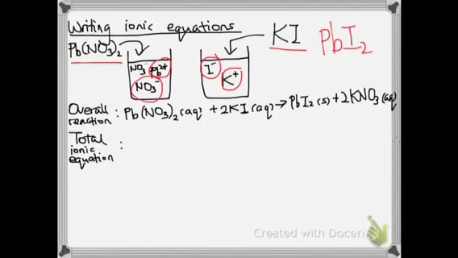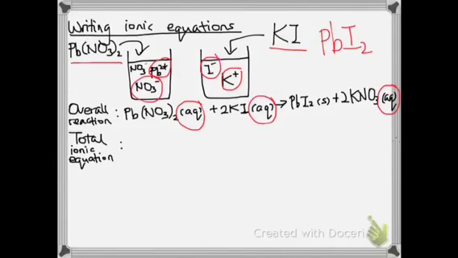In this case, we see that lead-2 nitrate is aqueous, potassium iodide is aqueous, and potassium nitrate is aqueous. Now, for these aqueous compounds, as you have seen in the diagrams above, they split into their corresponding ions. And this is what we should write out in the total ionic equation.